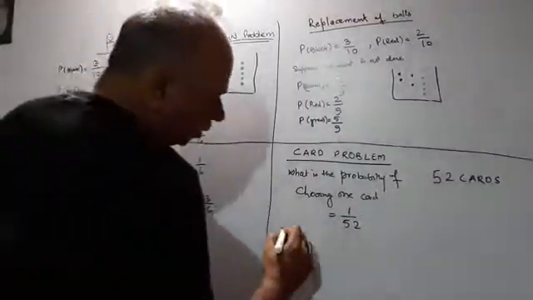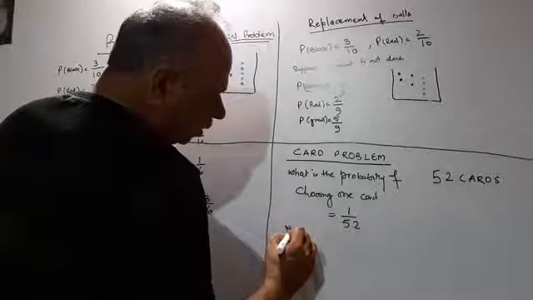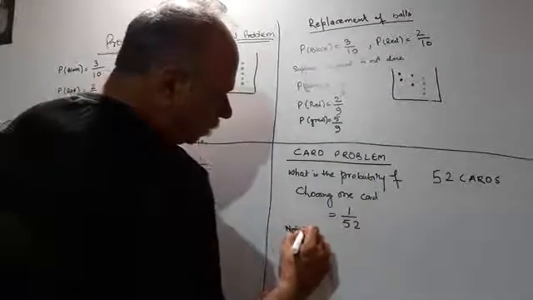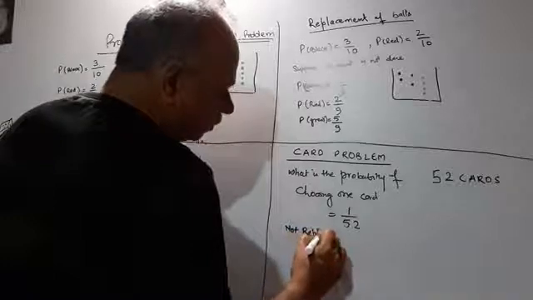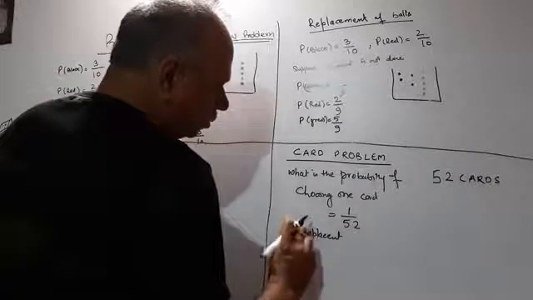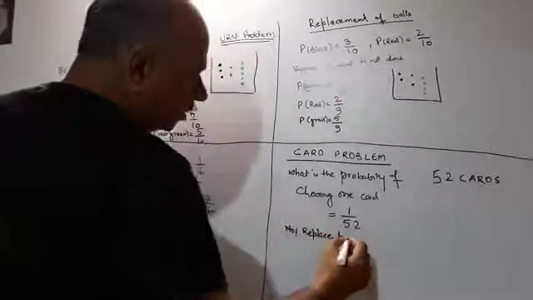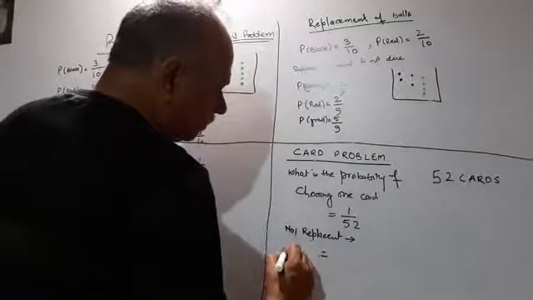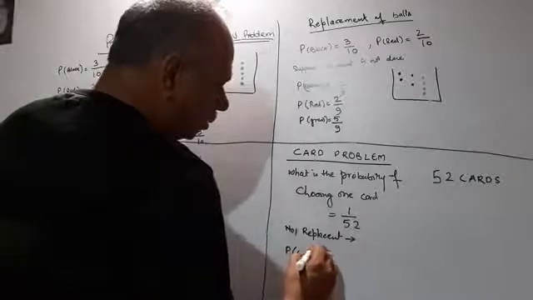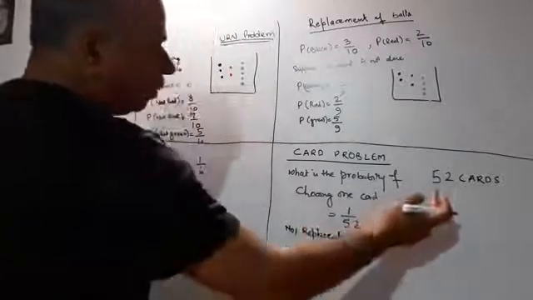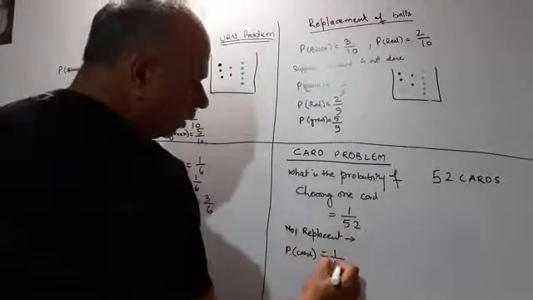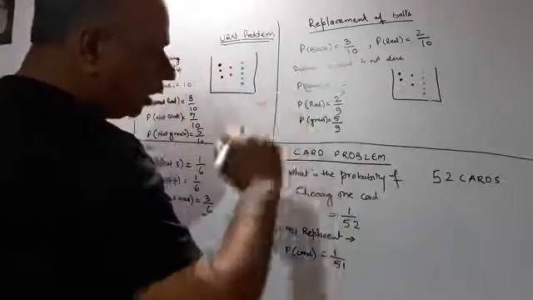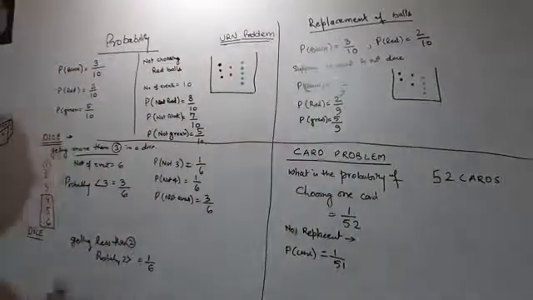Suppose you are not replacing, no replacement. In a no-replacement case, the next time the choosing of a card will be 1/51, because one card will be taken away and it will not be replaced.